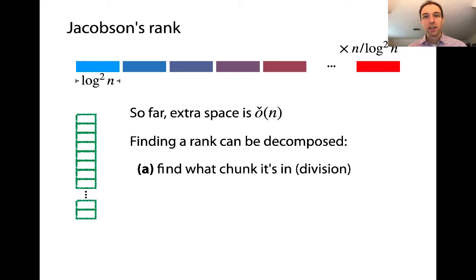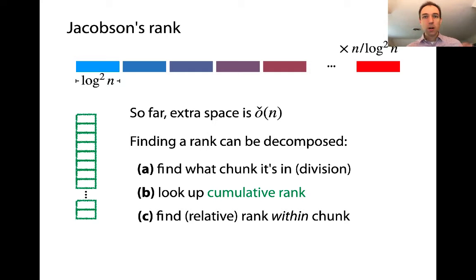We just divide by log squared of n. Then we look up the cumulative rank for that chunk, because that almost tells us the answer, right? It tells us the answer up to the beginning of the chunk, but that's not the whole answer, because we now need to know, within the chunk, what's my relative rank?